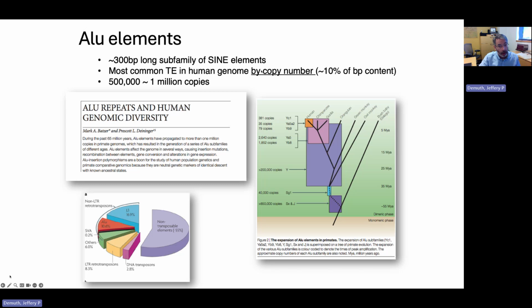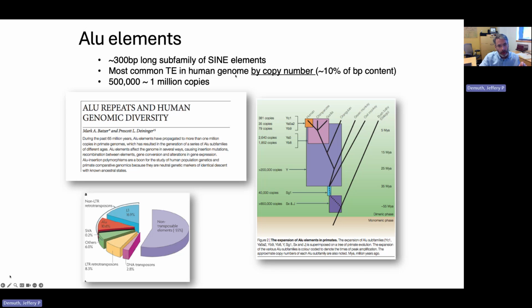And I highlight, underline, copy number here because it's not the most common by base pairs, because these are such short elements. But somewhere like 10% of our genome is just these Alu elements. I've seen numbers recently where it's estimated that there may be more than 1 million copies. It's certainly somewhere between 500,000 and 1 million copies of this thing in our genome. So, like, this is a little piece of genomic virus that has just gone crazy in our genomes.